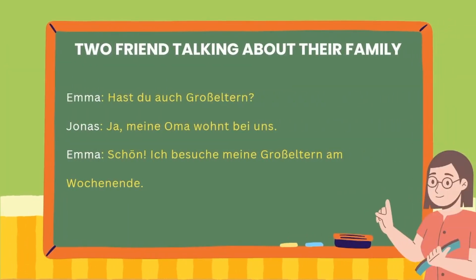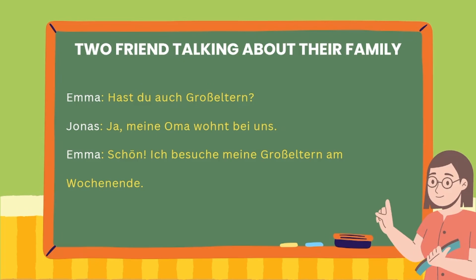So guys, let's cut this conversation and say goodbye to each other. By now, I think you have learned how to use the vocabulary of family in making small sentences or small talks. So Emma says, "Hast du auch Großeltern?" Emma says, "Do you also have grandparents?" To which Johannes replies, "Ja, meine Oma wohnt bei uns."